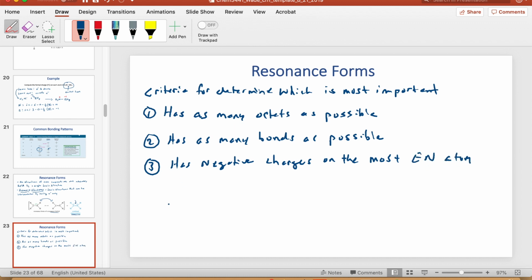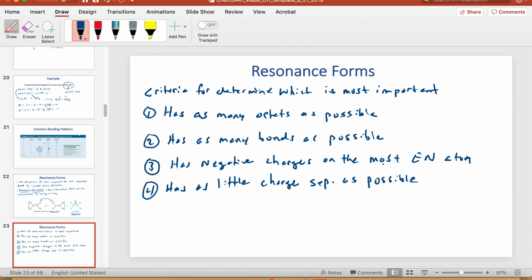Same thing for a positive charge: you want it on the least electronegative atom if possible. And of course, you want as little charge separation as possible, right?